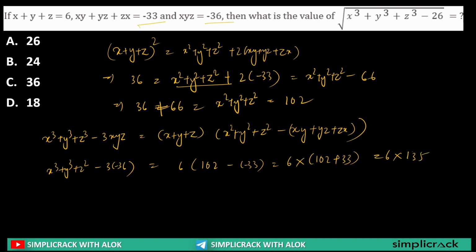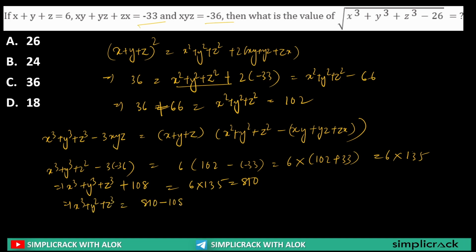Clear? Yes sir, you are clear. Now 36 into 3 is equal to 108. So x cube plus y cube plus z cube plus 108 is equal to 6 into 135, which is equal to 810. So x cube plus y cube plus z cube is equal to 810 minus 108, which is 702.